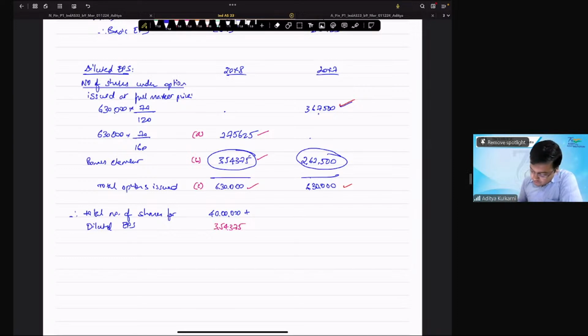So that comes to 43,54,375. And here also 40 lakhs plus 2,62,500, so 42,62,500. Are we okay with this? Yes, sir.